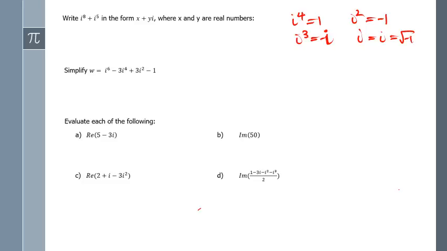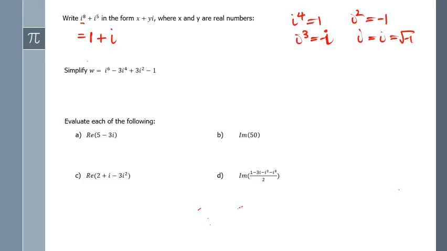So here, if I have i to the power of 4, we know, like I said before, if we divide it by 4 and see what the remainder is, if we divide 8 by 4, we have 0 remainder. Or i to the power of 4 times i to the power of 4 is i to the 8. It's just 1 times 1, so we get 1. i to the power of 8 is 1. i to the power of 5, if I divide 5 by 4, I end up with 1 remainder. So I get 1 plus i to the power of 1.